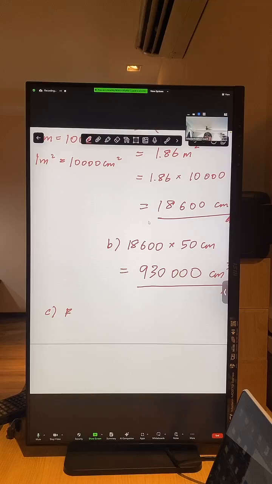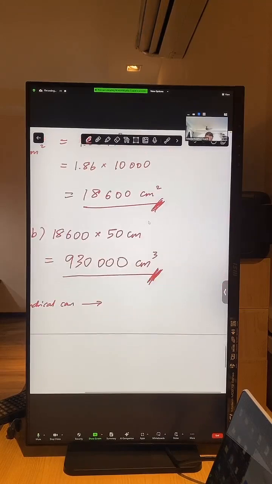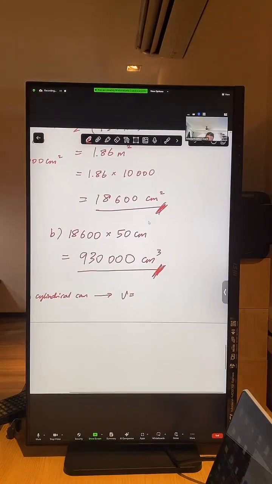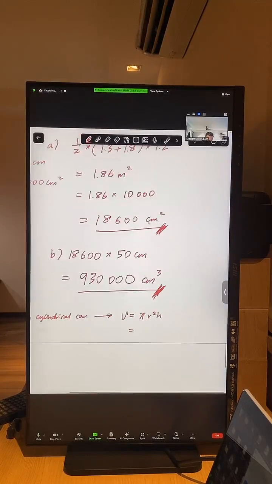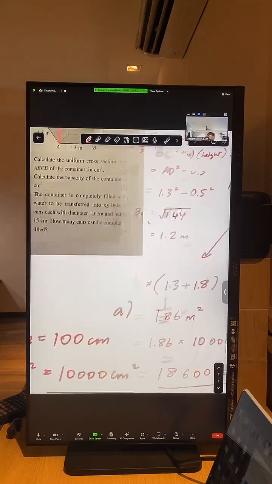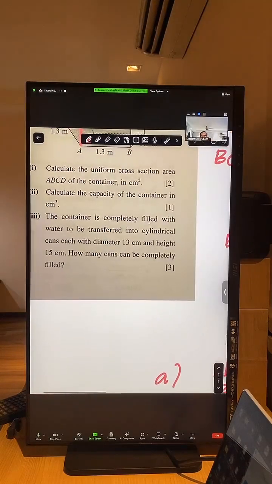So each cylindrical can has a volume of, okay, so cylinder, the volume is pi r square height. So the r here will be 6.5 because the diameter is 13, right?